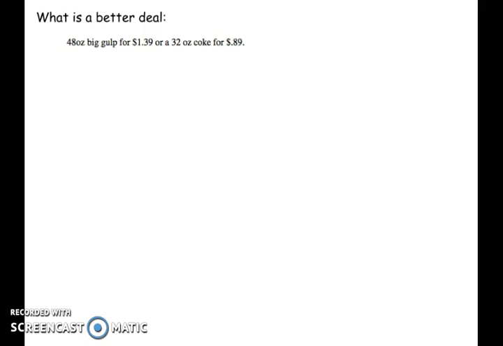Next problem, what is a better deal? A 48-ounce Big Gulp for $1.39 or a 32-ounce Coke for 89 cents. So again, we're going to set up our eye chart. In order to find out what's the best deal, I want to find out how much money per 1 ounce of soda. So on top, I'm going to have money.